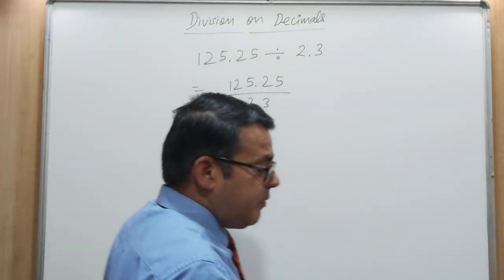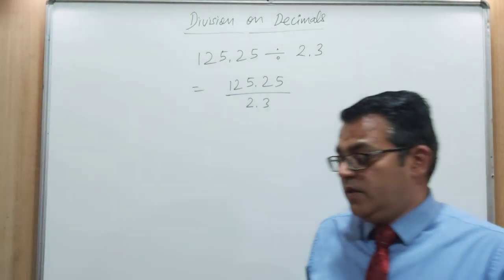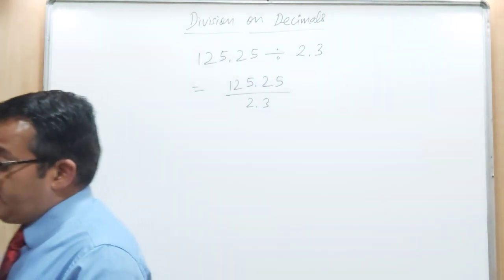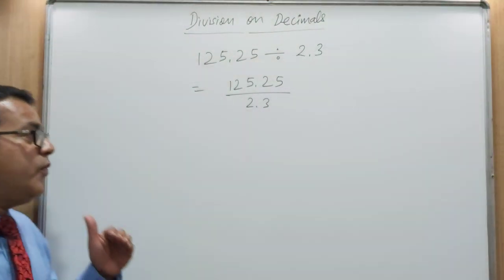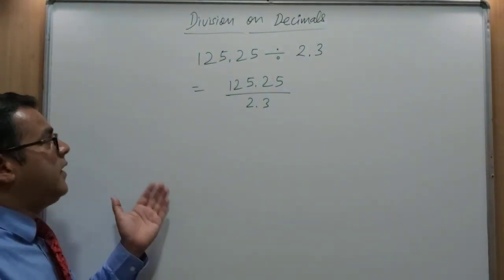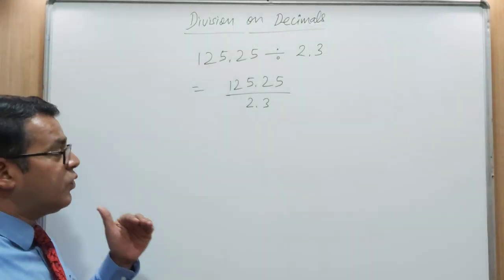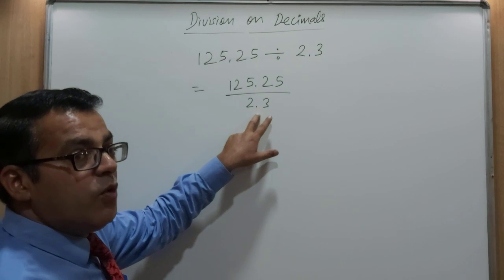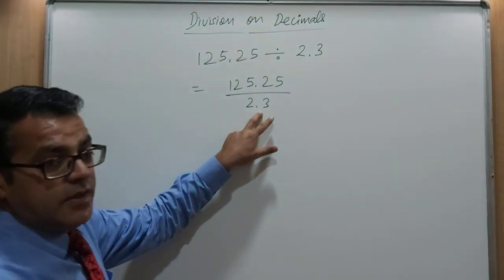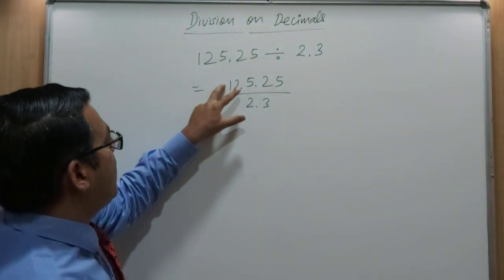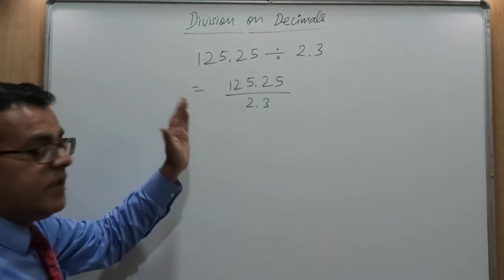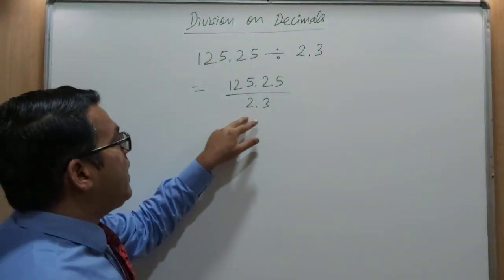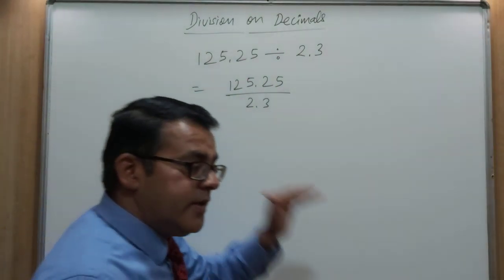In my previous class I explained that the very first thing, if we are dividing a decimal number by a decimal number, is to note that the number by which we are dividing is called the divisor, and this number, 125.25, is the dividend. The divisor should not have a decimal point.